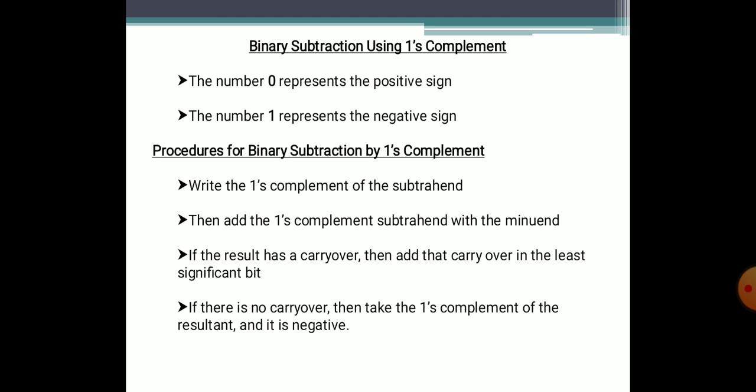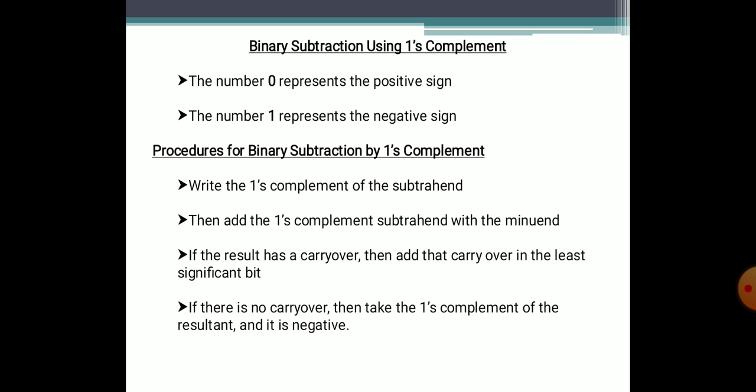That's the first step. And in the second step, add the 1's complement subtrahend with the minuend. So remember, the first step is to write the 1's complement of the subtrahend, then on the second step, we add the 1's complement subtrahend with the minuend.